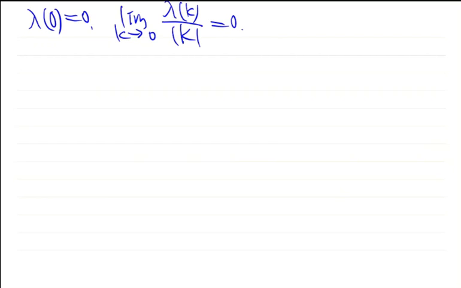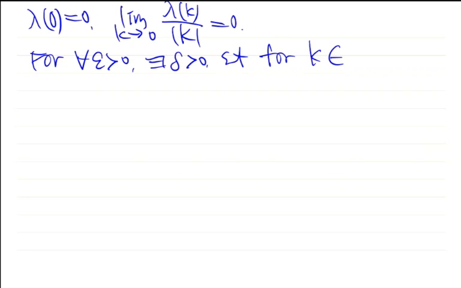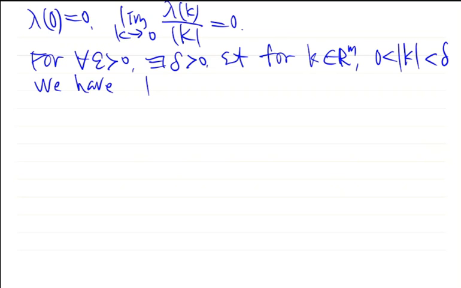From these two facts, for any epsilon positive, there exists a delta positive such that for k in Rm with the norm of k less than delta, we have the norm of lambda k divided by the norm of k will not be greater than epsilon.